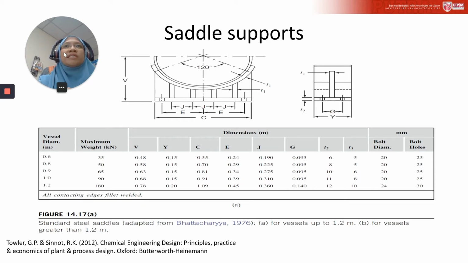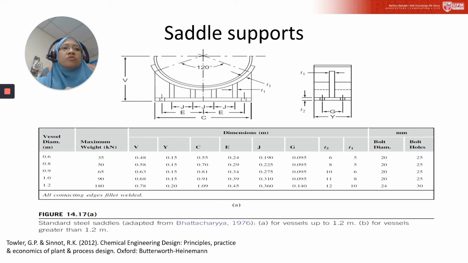This is a typical standard saddle design. If you refer here, this is Table A for vessels up to 1.2 millimeter.